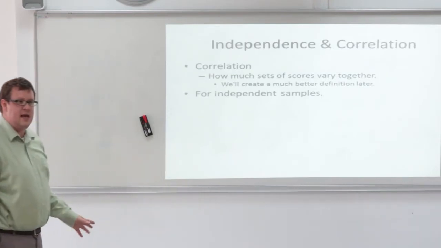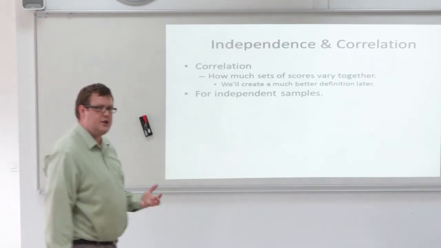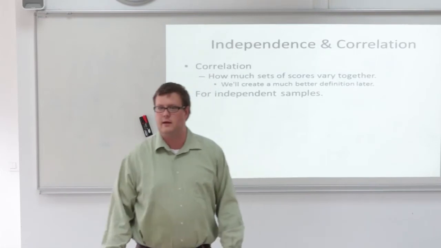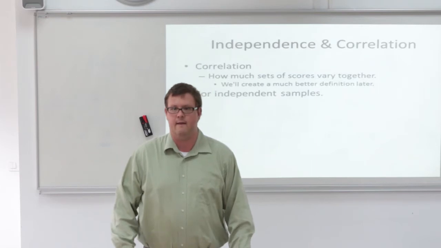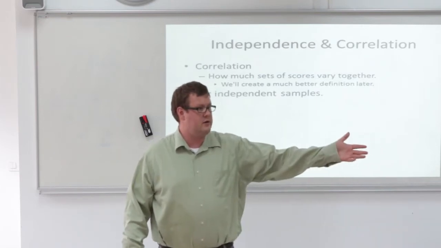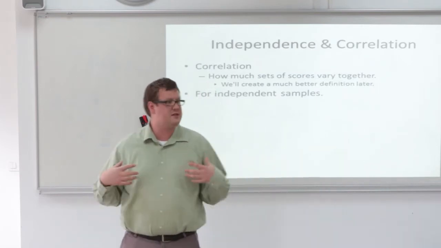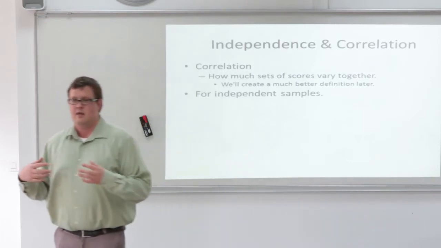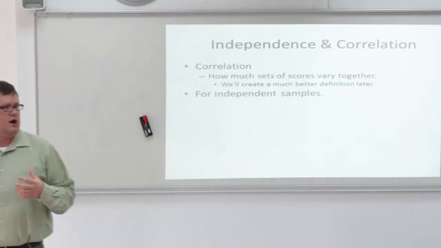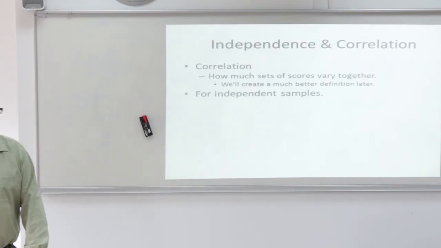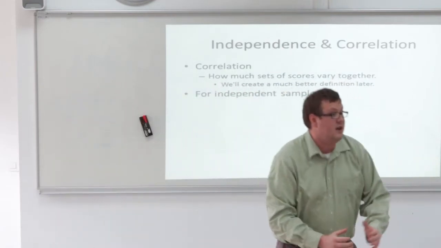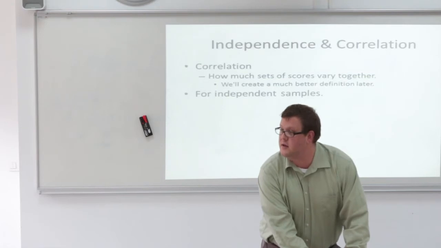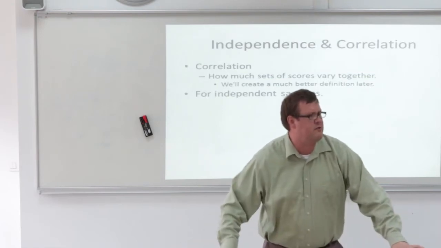Now, for independent samples, what should the correlation be if the samples are truly independent? No correlation. There should be no correlation, right? I take the first sample, maybe the best scorer in the first sample turns out to be the first person that I took in the first sample, right? But the best scorer on the second sample might turn out also to be the first person, but odds are probably that they're not, right?